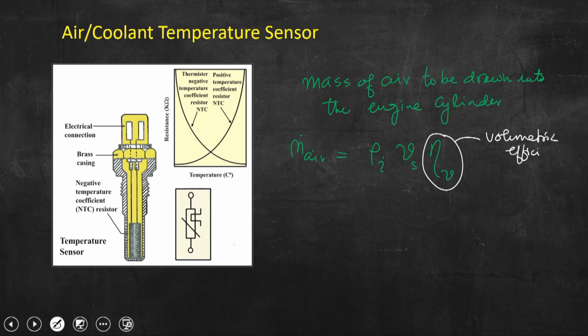Why have we multiplied this quantity with eta_v, that is, volumetric efficiency?